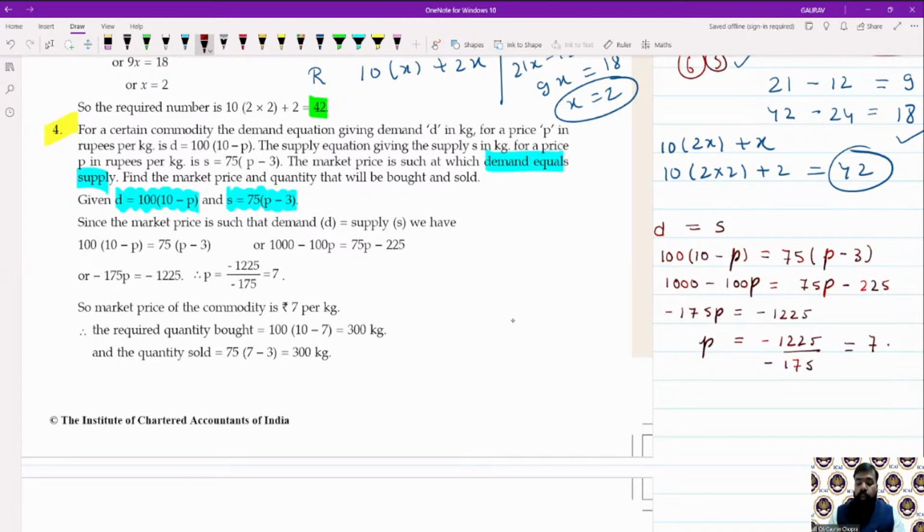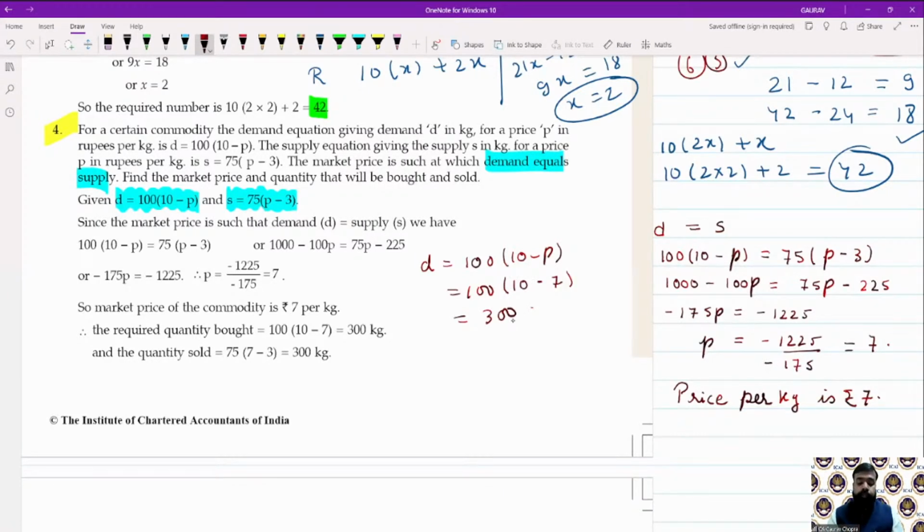This 7 is what? It is the price per kilogram. Now, if we have to find out the demand, what can we do? Substitute the value in the demand function. So what we are getting: 100 into 10 minus 7, that is 300.